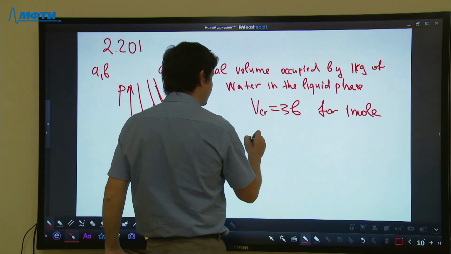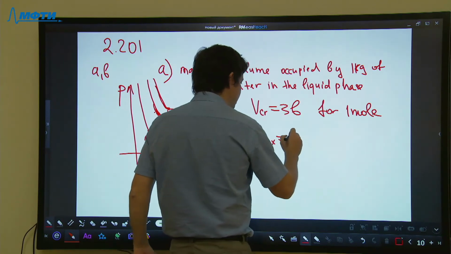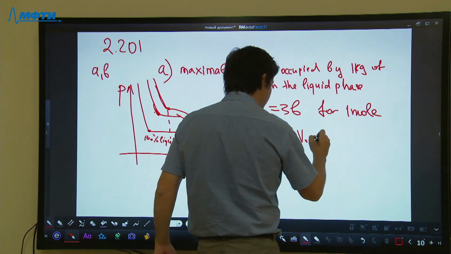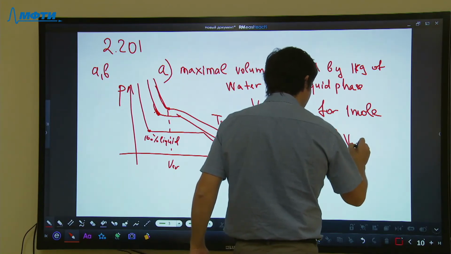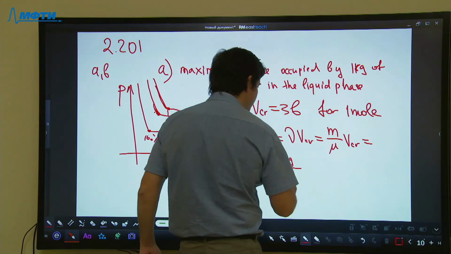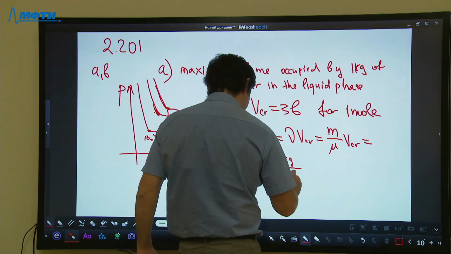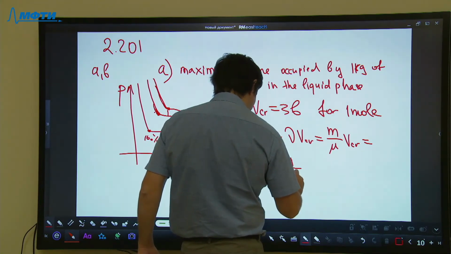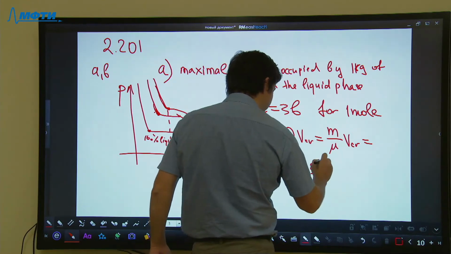So in this way, V max is nu times V critical, where nu is m over mu, times V critical, where m is 1 kilogram, and mu is, I think, 18 grams per mole, and times 3B.